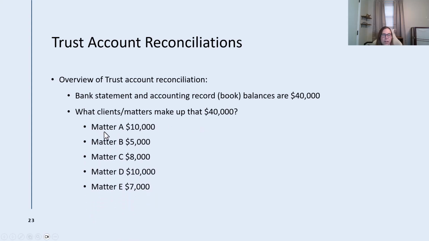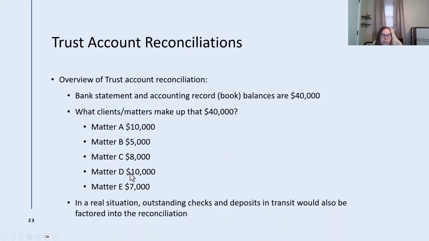So let's say in this example, matter A had a balance of $10,000, B was $5,000, C was $8,000, and so on. You would want to look at each matter or each client or each case, figure out what their trust balance is supposed to be at the end of that month, and then make sure the total of these individual balances add up to the $40,000. And if you do the math, they do add up.